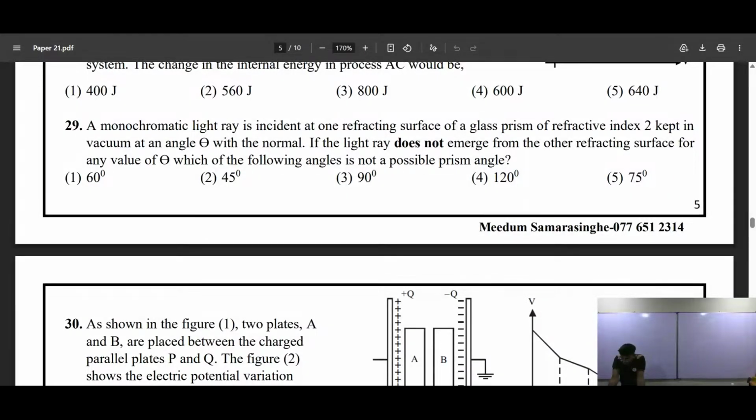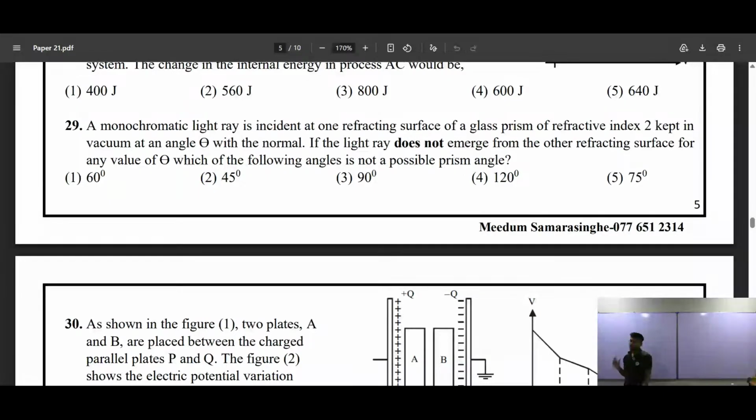The light ray doesn't emerge from the other refracting surface. Refractive index is 2, that is also okay. It doesn't emerge from the other surface for any value of theta. Which of the following angles is not a possible prism angle?